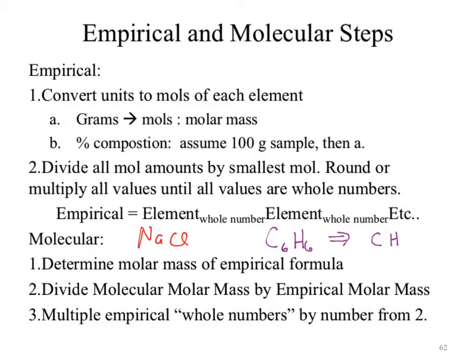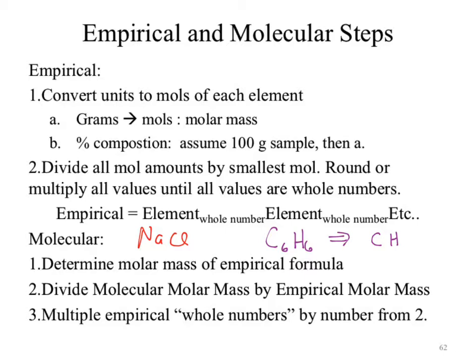Is the empirical formula useful? Well, it does tell me the ratio of carbon to hydrogen. But when I reach in to grab a molecule of benzene, I'm not grabbing a single carbon and a single hydrogen. When I grab a single molecule of benzene, what am I grabbing? 6 carbons and 6 hydrogens that are all covalently linked to each other. Okay?